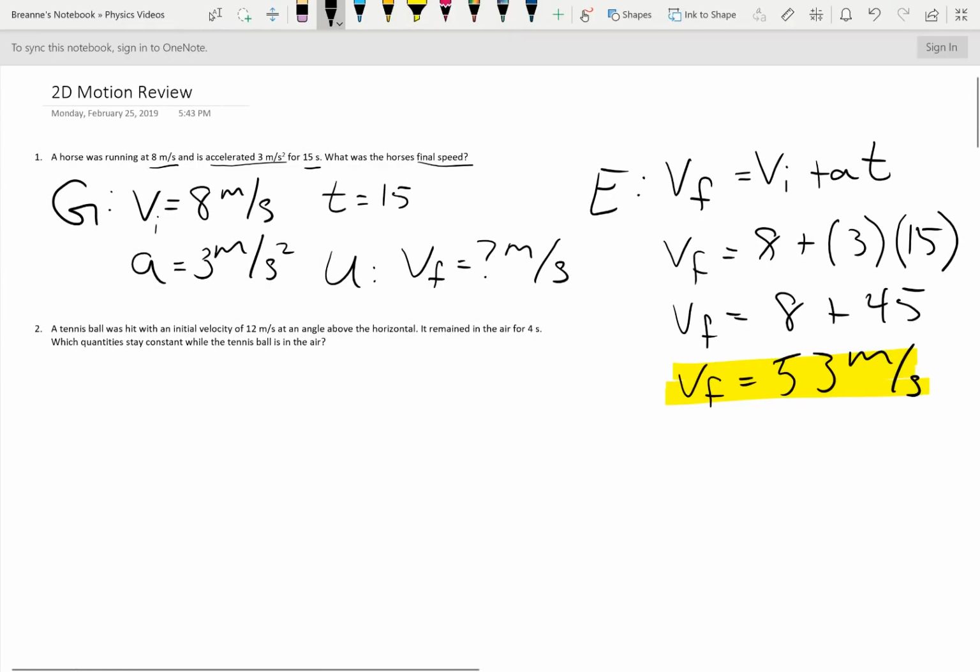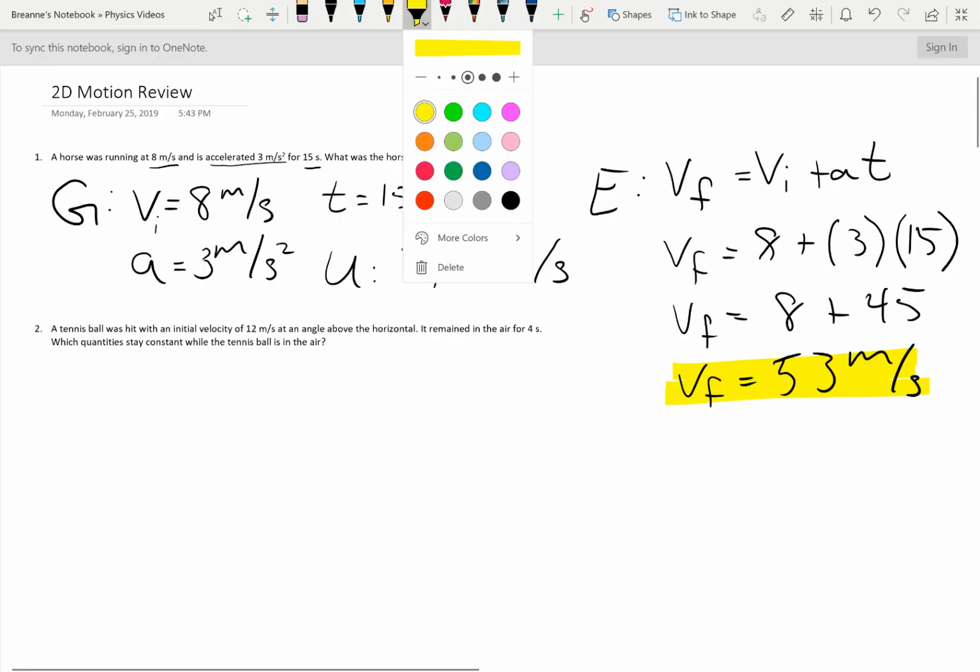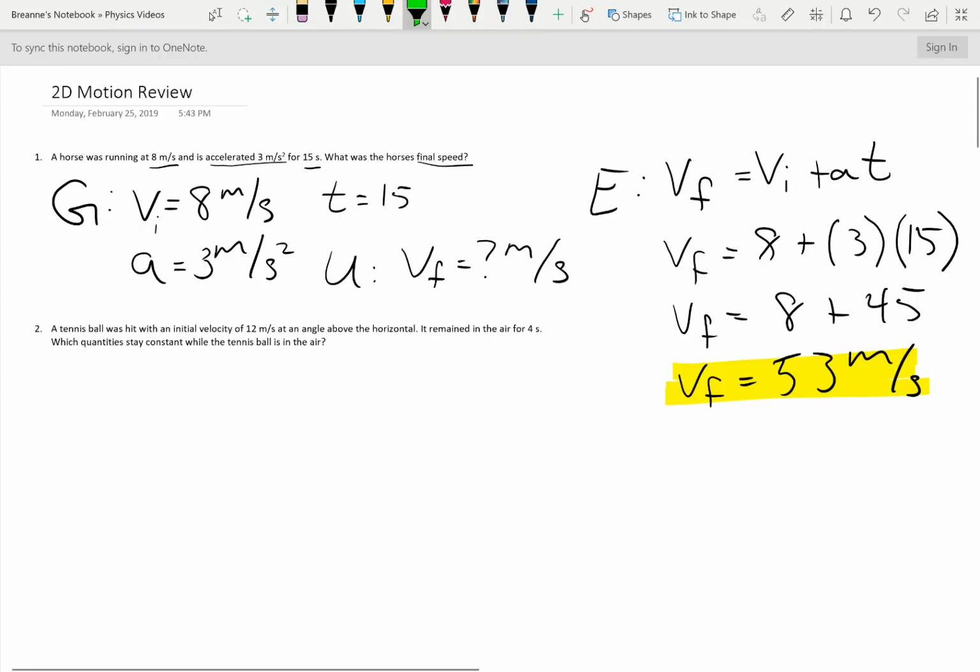So number 2. A tennis ball was hit with an initial velocity of 12 meters per second at an angle above the horizon. It remains in the air for 4 seconds. Which quantities stay constant while the tennis ball is in the air?